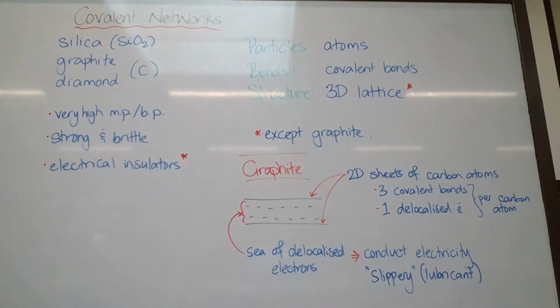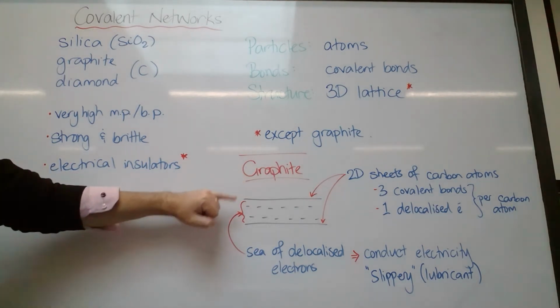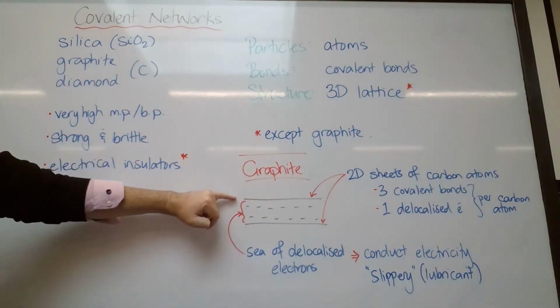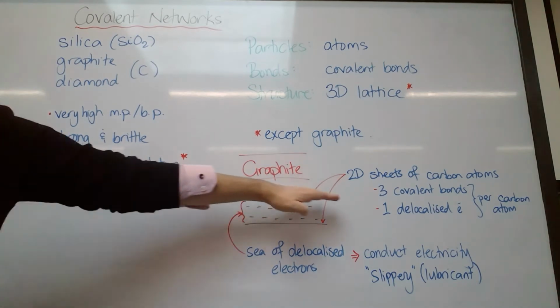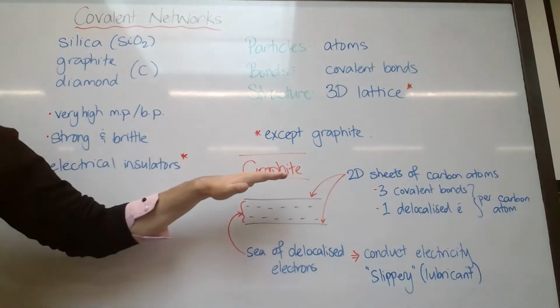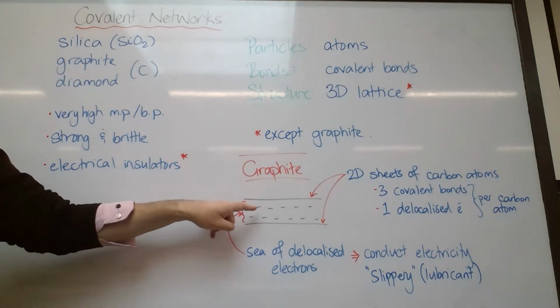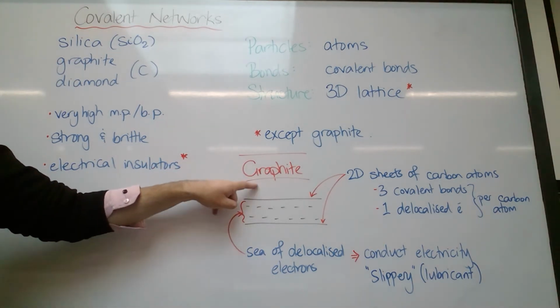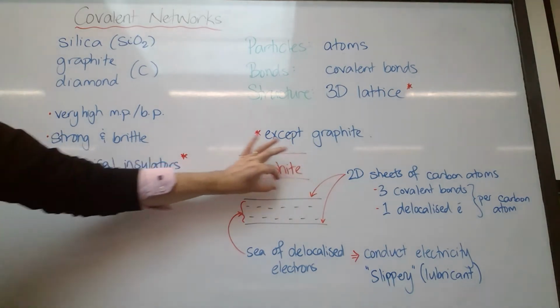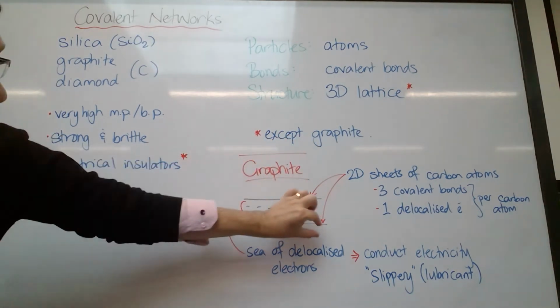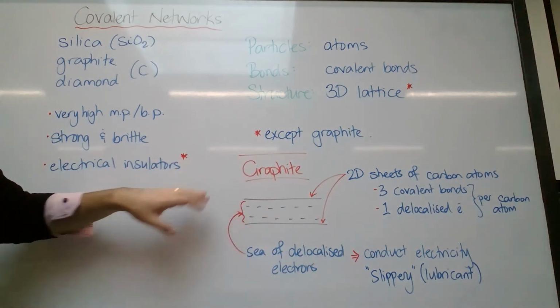Well, that's what we call delocalized electrons, that electron that doesn't belong to anything, that valence electron, goes in between the sheets. So there's a sheet above and a sheet below this one here. So this is carbon atoms, each of them with 3 covalent bonds, and a delocalized electron. And they go into the gaps between the sheets. So there'd be delocalized electrons here as well, and here. I'm just showing a section of it.